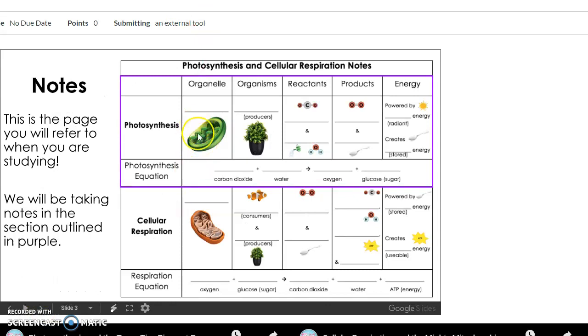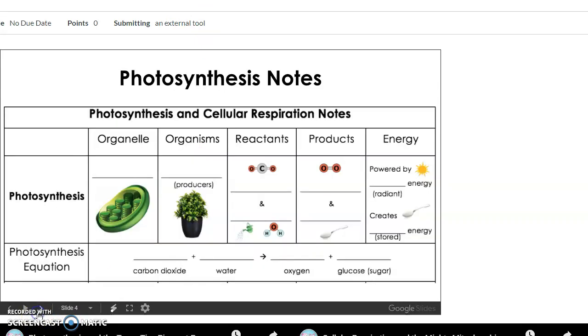So photosynthesis, here's your chart. So the organelle is chloroplasts. The organism is plants only. So you have carbon dioxide and water going in, and your products are oxygen and glucose. So it's powered by solar energy to create chemical energy.